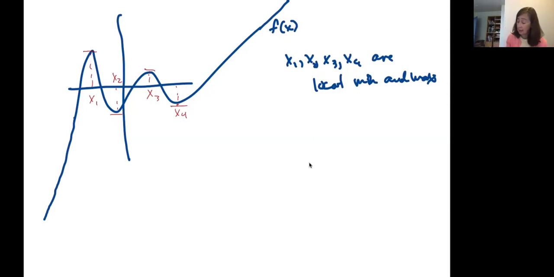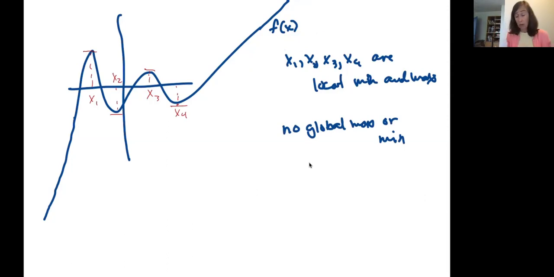In this case, the function has no global max or min, okay? As this kind of wiggly part of the function that's close to the y-axis, but then after the minimum at x4, the function looks like it's just heading off towards infinity there.